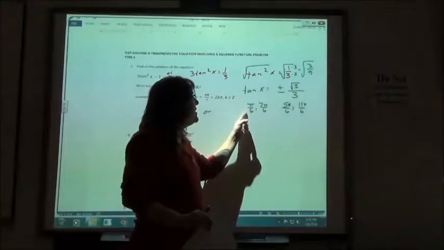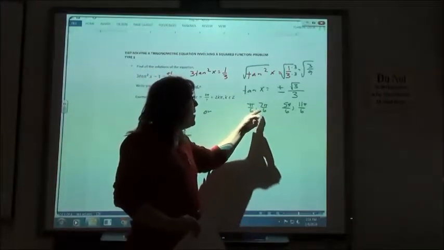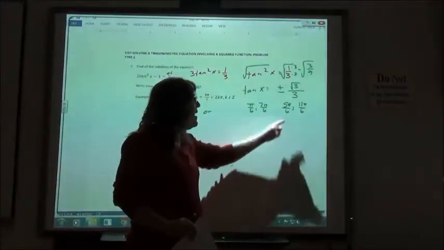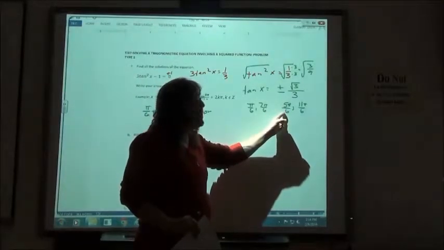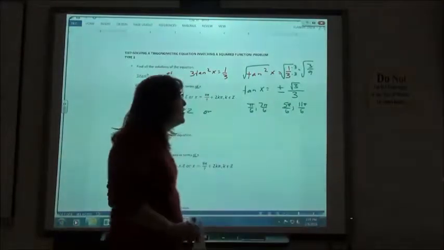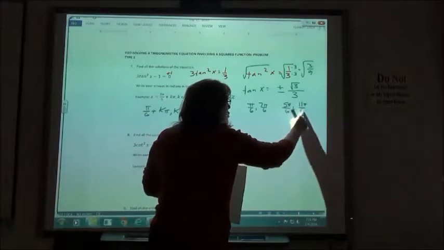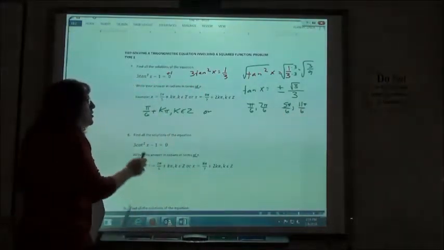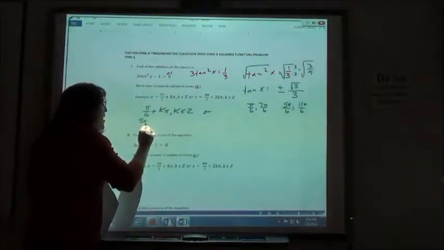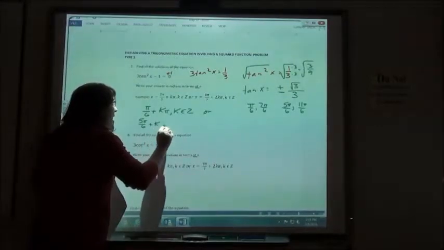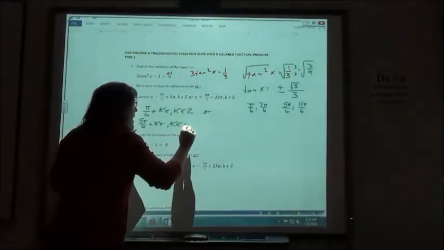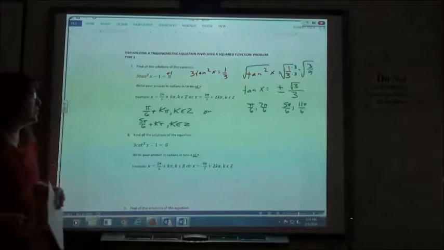If I take 1/6 pi plus 1 pi, I would get 7 pi. If I take 5/6 pi plus 1 pi, I get 11 pi over 6. So again, these two can be combined into one answer. And so I'm going to have 5 pi over 6 plus k pi, with k being an element of z, being one of the integers.